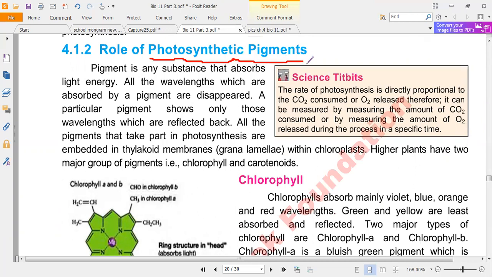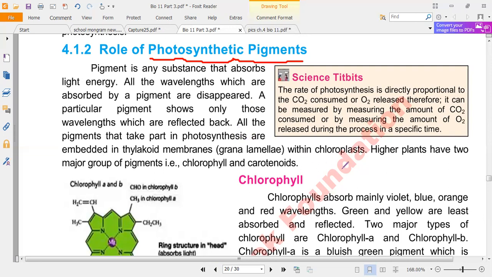Photosynthetic pigments are of different types. Pigments are substances which absorb light energy. So all the wavelengths which are absorbed by the pigments disappear. When the pigments absorb the light, that color disappears, and the color which we can see in the plants is mostly the reflected one, reflected back into our eyes.